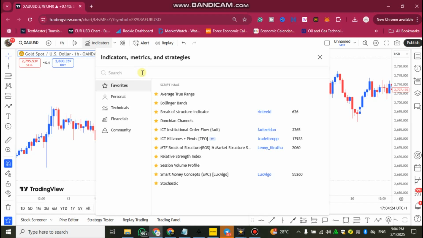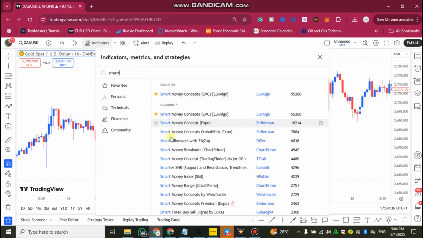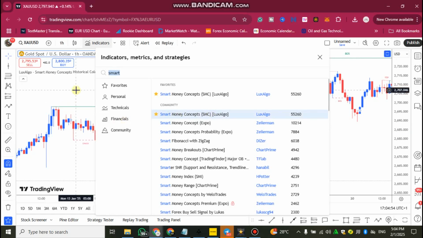We're going to go through each and every one of those, but you have to use Smart Money Concepts by LuxAlgo. So I'll just click that, it's there. You see the very first one, Smart Money Concepts by LuxAlgo. It has about 55,000 users, so you can just click on it like that and it's going to appear on your charts.